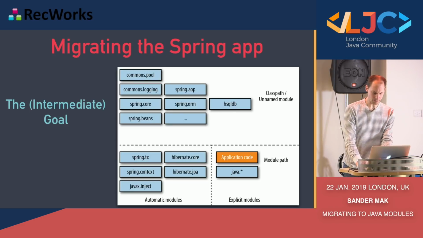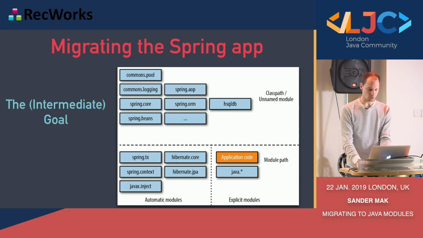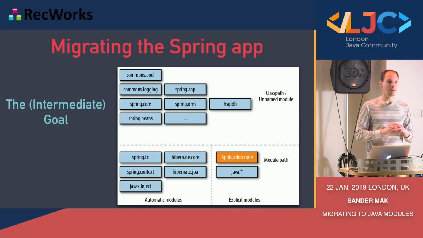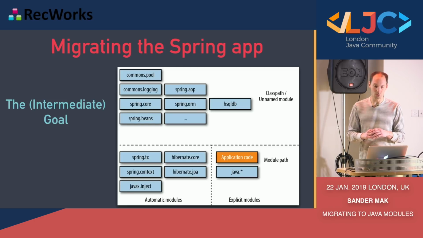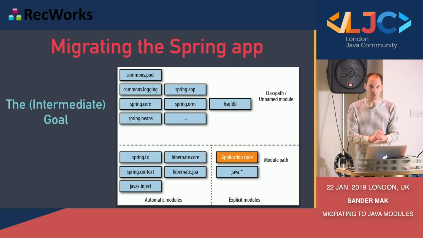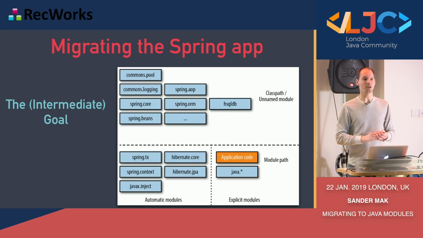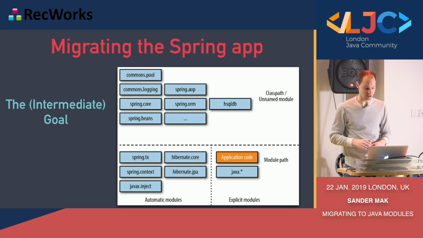So what we're going to do now is cheat a little bit, because when we think about modular applications, we think about our application being split into multiple modules. But what we're first going to do is create a single module around the Spring application that we just saw, just to tease out all the technical issues with our dependencies.